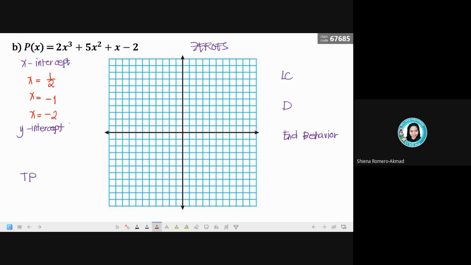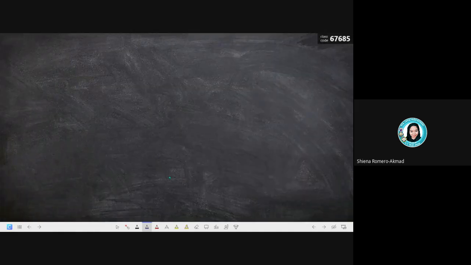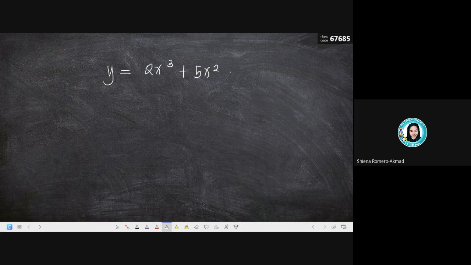And then now, kukunin naman natin yung y-intercept. So, si y-intercept, all we have to do is to substitute x. Substitute tayo sa x ng 0. So, y is equal to 2x cubed plus 5x squared plus x minus 2.